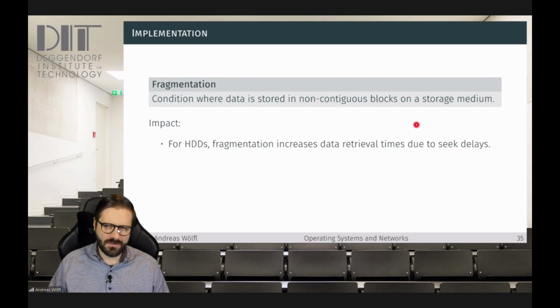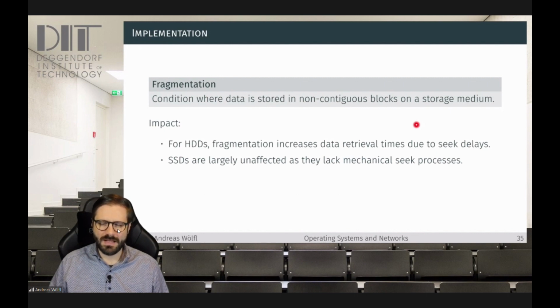The last technique slash issue that we address is fragmentation, but we talked about fragmentation already, so we can make this quick. Well, fragmentation is a condition where data is stored in a non-continuous way. For HDDs, this is like poison because we need to readjust the read-write head all the time, and this increases latency times.